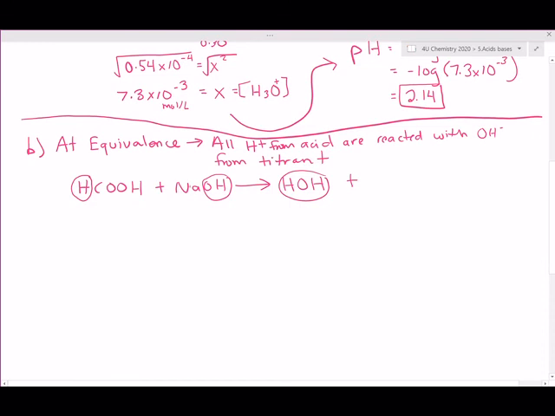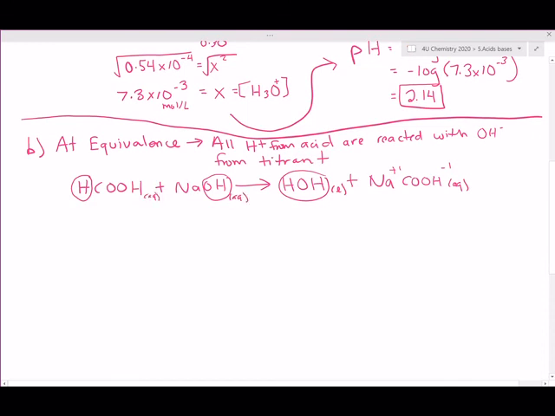And we're also going to have ions. They're really just floating around as ions. We're going to have sodium +1 ions with COOH -1 ions. We usually write them together, but we know because they're aqueous, they really are not bonded in any way.